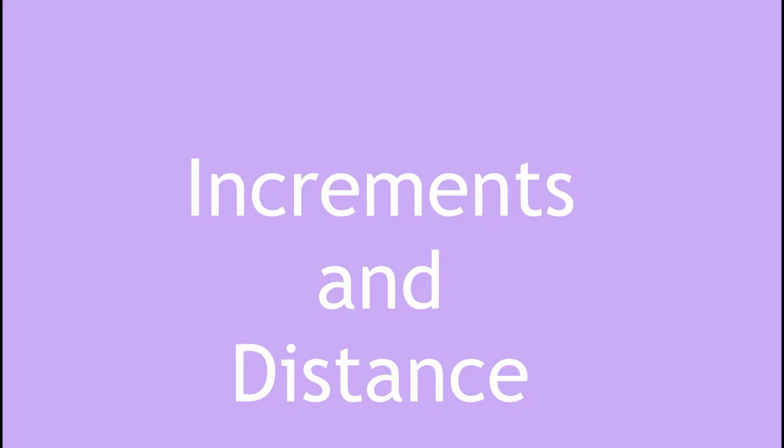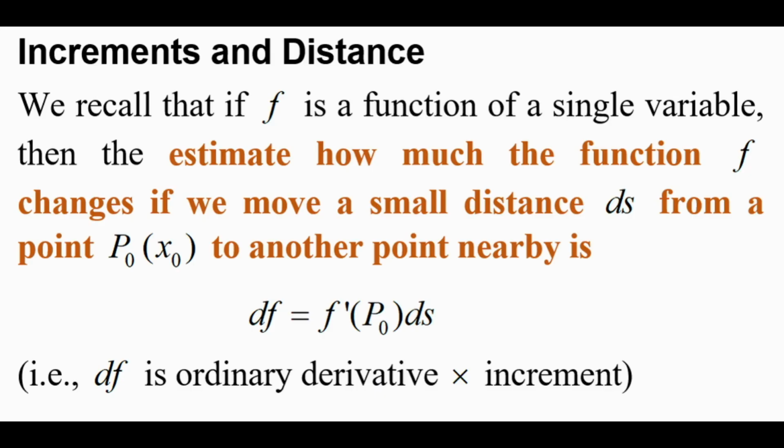Increments and distance. We recall that if f is a function of a single variable, then the estimate how much the function f changes if we move a small distance ds from a point p naught with the coordinates x naught. See, here our domain is a subset of the set of real numbers, so the point p naught will have a coordinate x naught.